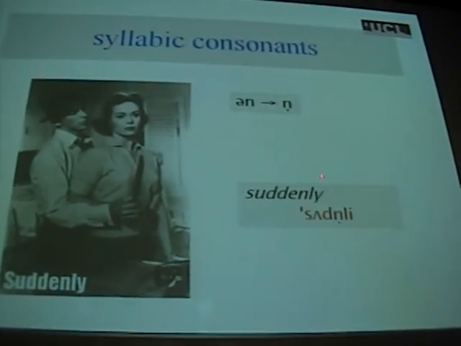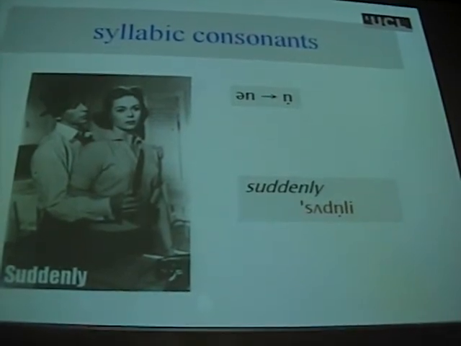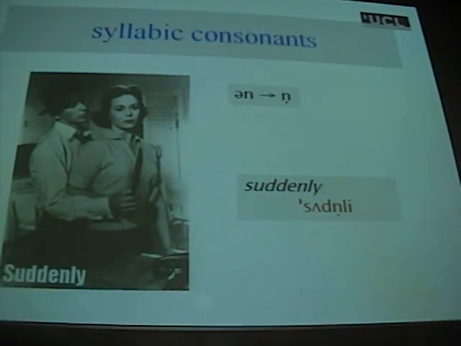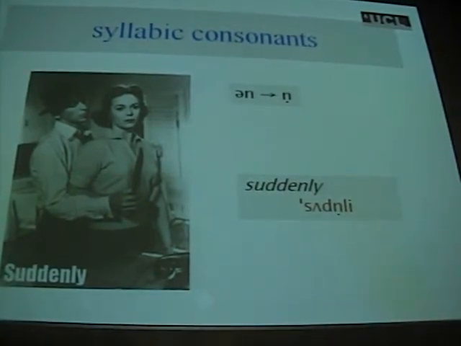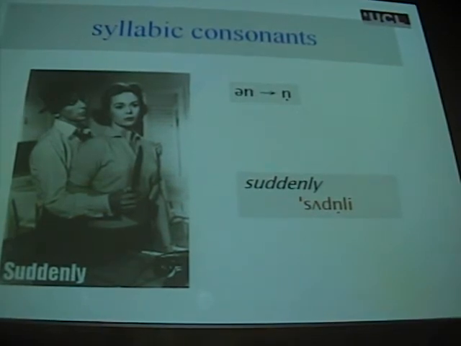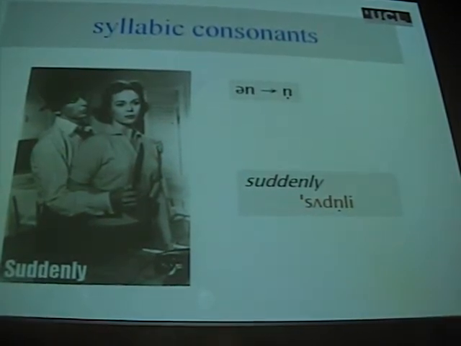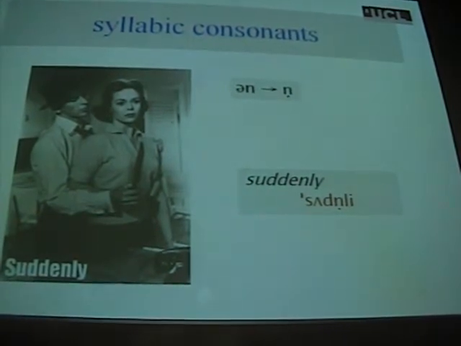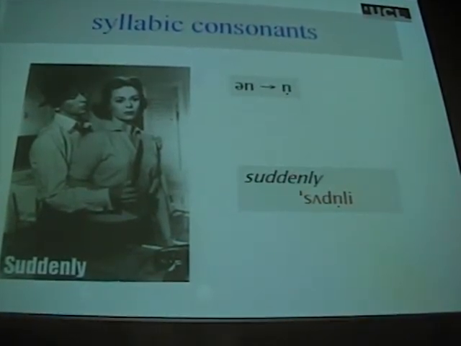the logical place now to talk about syllabic consonants is here, because English has various consonants, N's and L's mainly, and American English R's, which make a syllable of their own. We can count syllables in English. Suddenly has 3 syllables.